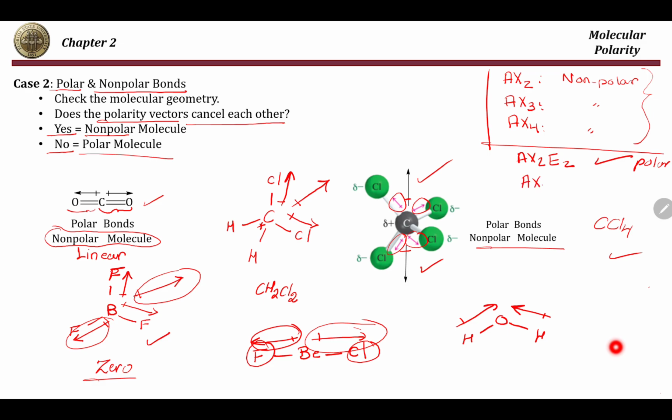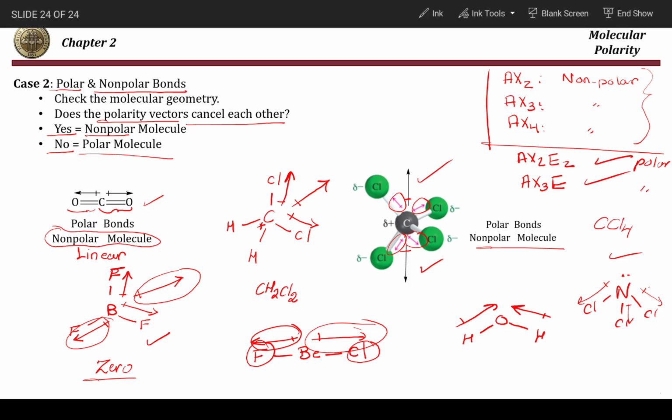Or in the case of AX3E, such as ammonia, or let's say NCl3, where we have three polar bonds, again, they don't cancel each other, so this is considered as a polar molecule. This is, again, just a general simplification of the concept of molecular polarity. Of course, in more complicated cases, we have to really check the structure carefully to see if the bond dipole moments actually cancel each other or not.